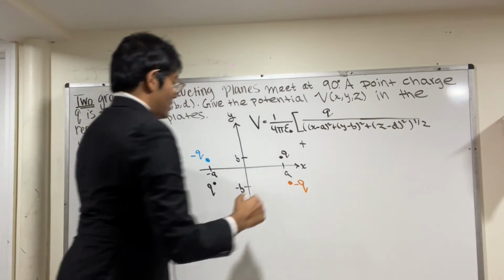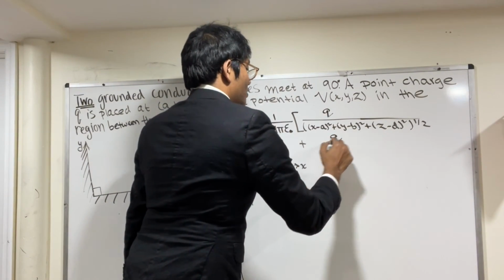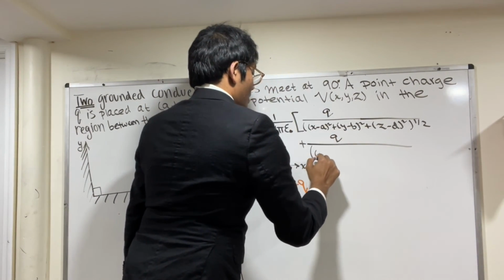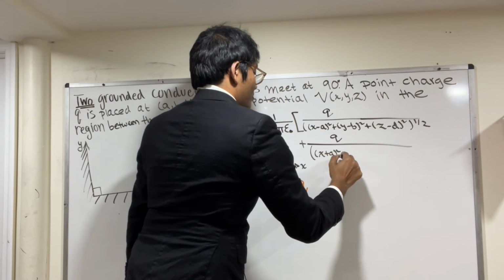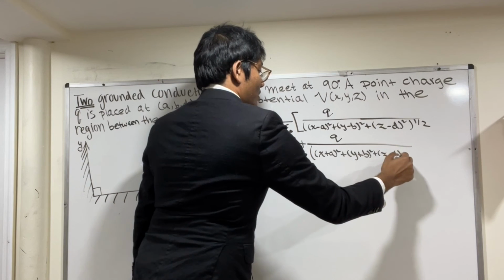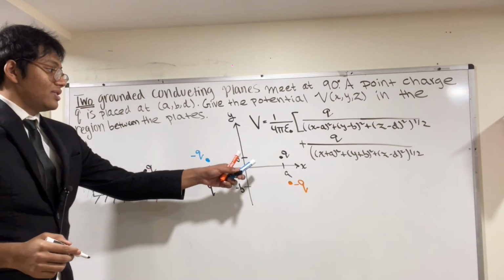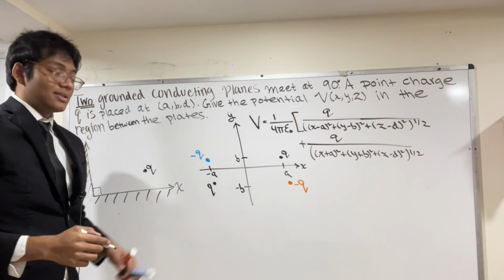For the second positive charge, which is located at minus a, minus b, we shall have Q over x plus a squared plus y plus b squared, since it's farther away, plus z minus d squared, all to the 1/2 power. So we found the electric potential due to these two positive charges.